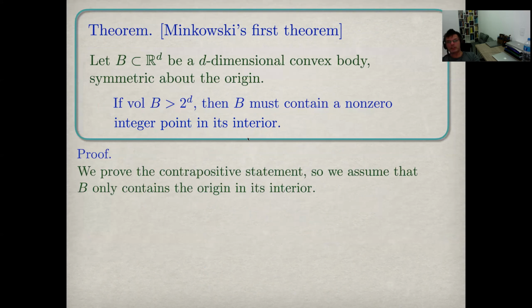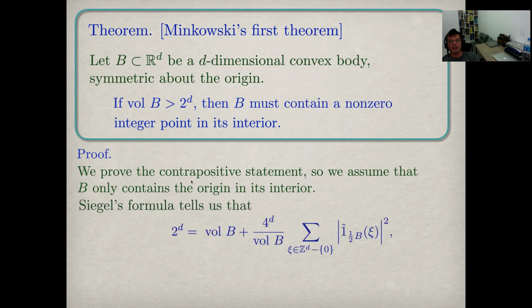Let's prove the contrapositive, where we therefore have to assume that B only contains the origin in its interior. That's the negation of the conclusion up above. And then we have to prove, of course, that the volume of B is less than or equal to 2 to the d. Well, let's just stare at Siegel's formula for a moment. If we assume that B only contains the origin in its interior, that was exactly what Siegel's formula wanted us to assume.